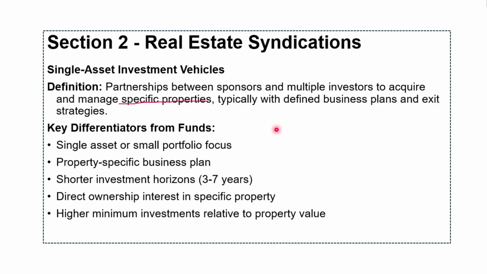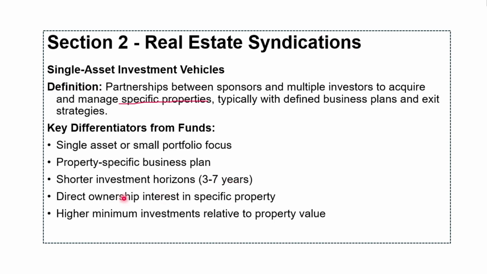The key differentiations from funds are important to understand. Syndications have a single asset or small portfolio focus rather than a diversified portfolio. They come with property specific business plans. You know exactly what the sponsor intends to do with the property. They typically have a shorter investment horizon of 3 to 7 years.